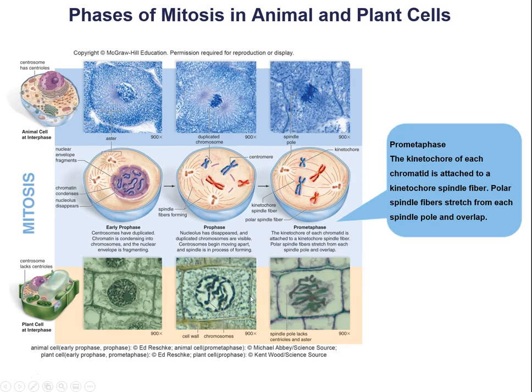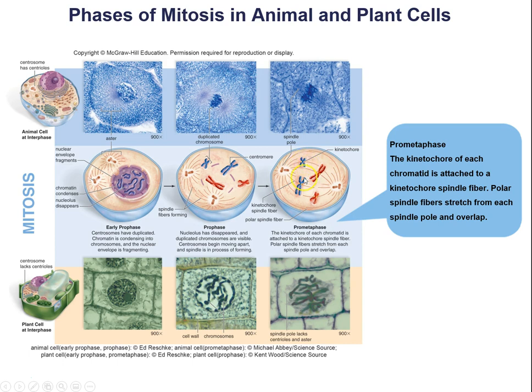All right, now notice that in the plant cell, you don't see the spindle because you don't have those centrioles in the aster, so it's very hard to see. Now, if we get to prometaphase here, this is just before metaphase, the end of prophase essentially. Again, you can see that you have these distinct chromosomes with two sister chromatids.